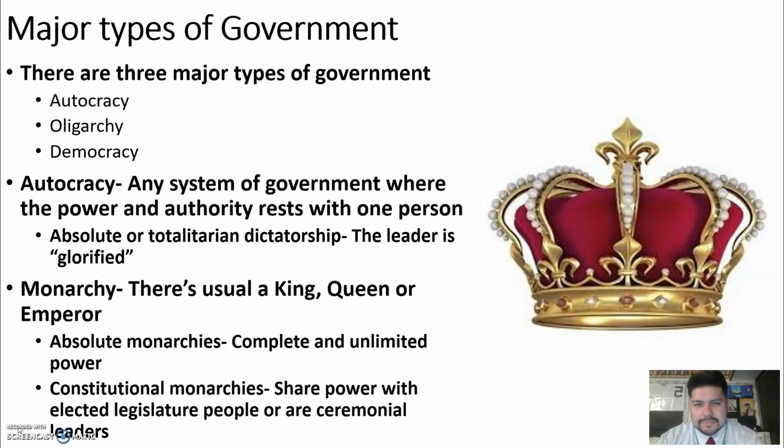Now, a monarch is usually a king, queen, or emperor. I've been having questions from students asking, what's the difference between an emperor and a dictator? Well, here's the difference. A dictator usually glorifies themselves, whereas an emperor already knows, I'm the head dude. So if you don't like it, tough luck.